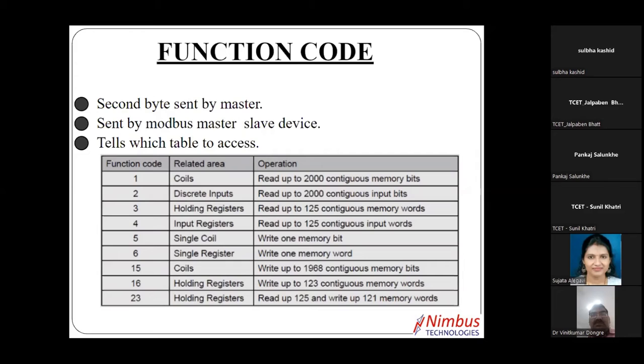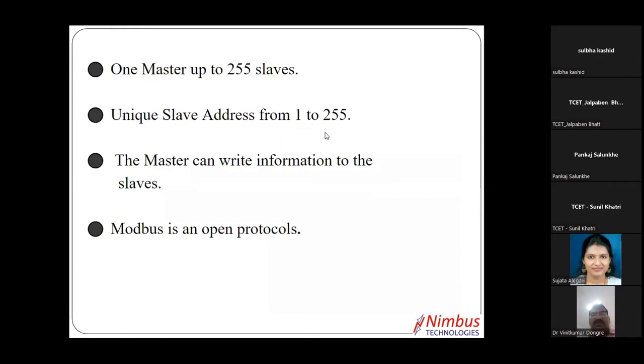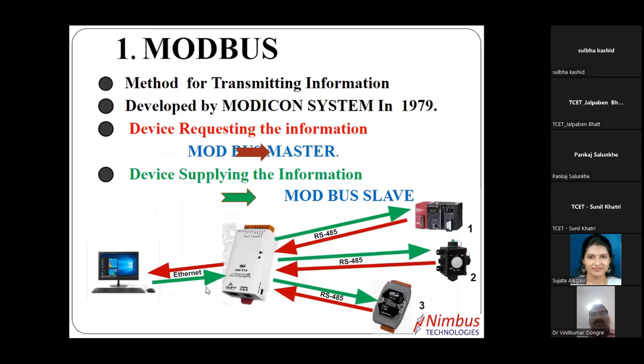So we can call them discrete inputs or analog inputs, which we take from the sensors. In the previous slide, I showed that one module is there. Whenever the host wants to communicate with a number of slaves, at that time we require a remote data acquisition module. That module gathers all this data from all the slaves.